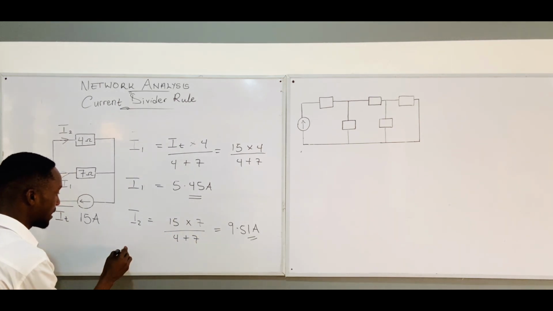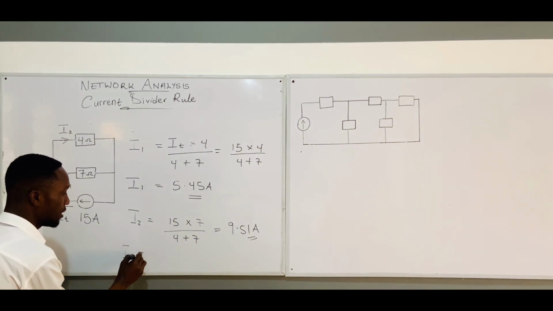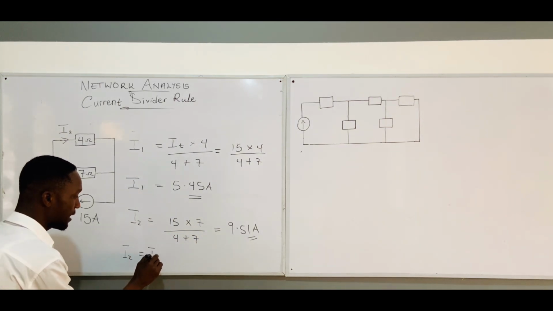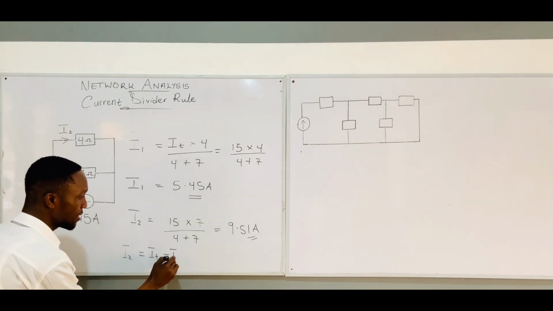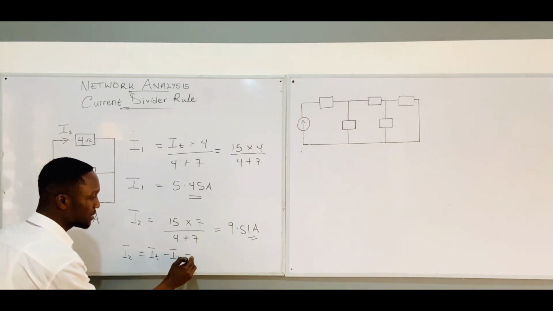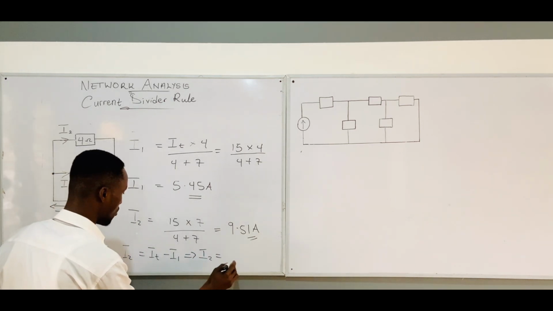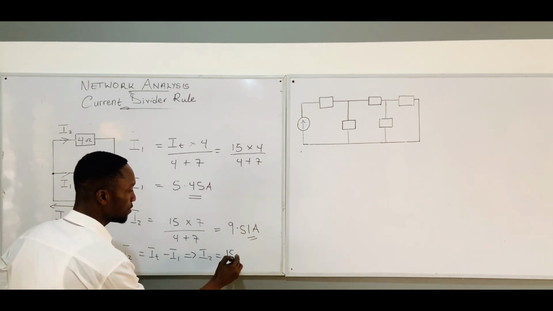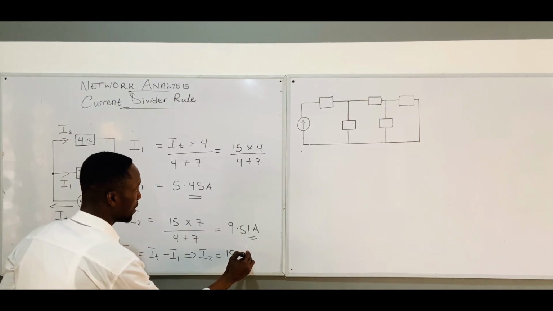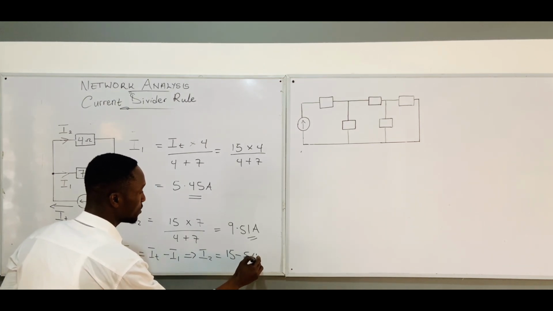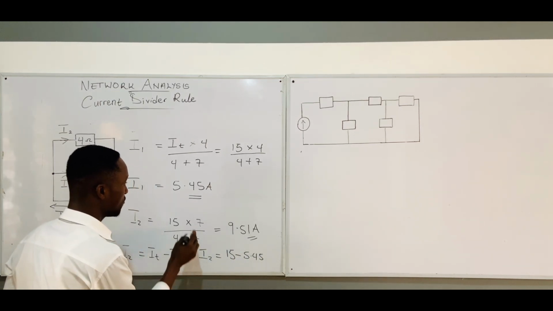So I can say that I2 equals IT minus I1, which is the same as I2 equals 15 minus 5.45, which will give us this result.